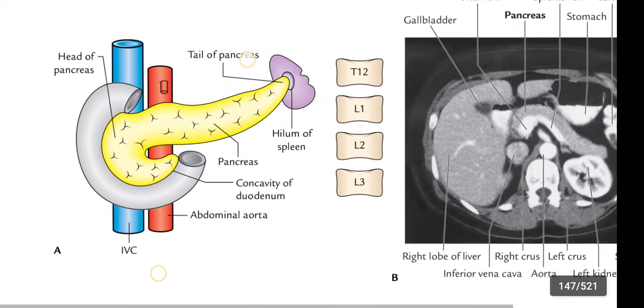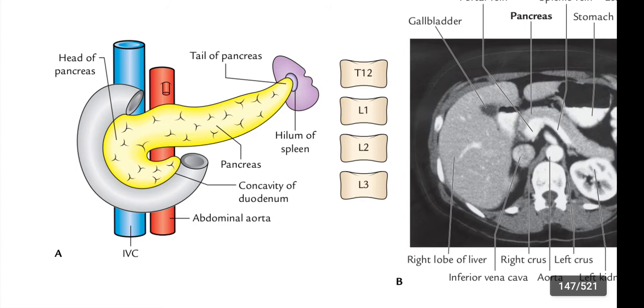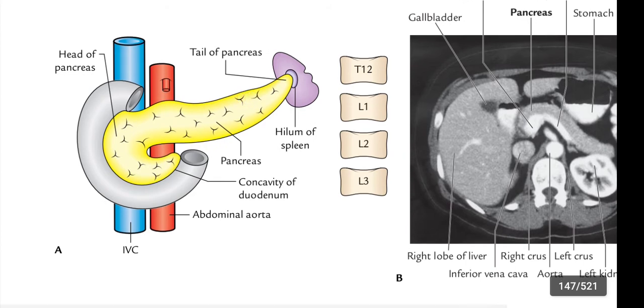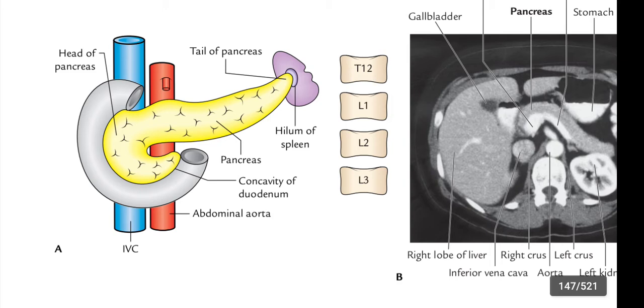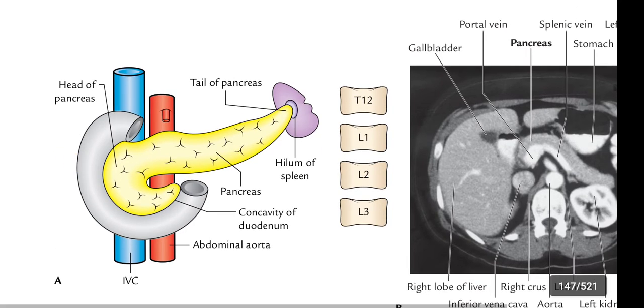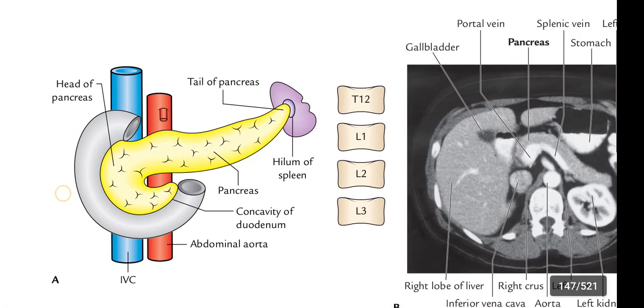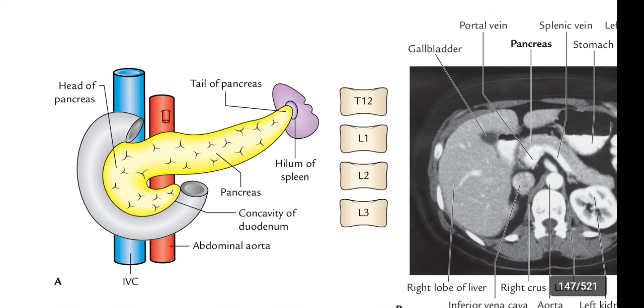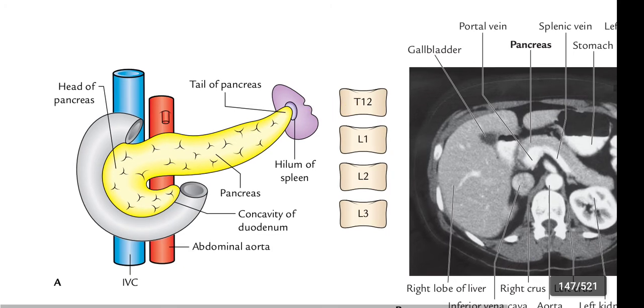Pancreas is more or less horizontally located on the posterior abdominal wall, extending from the concavity of the duodenum to the hilum of the spleen, opposite T12 to L3.